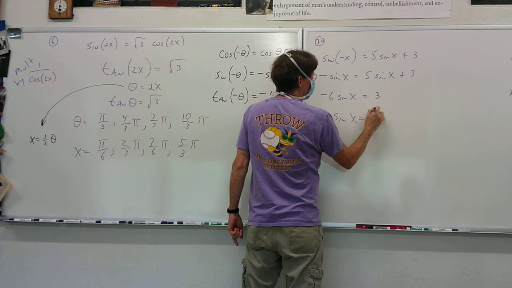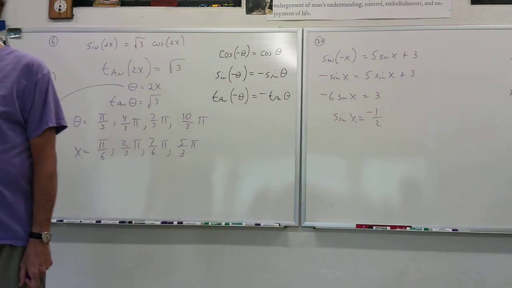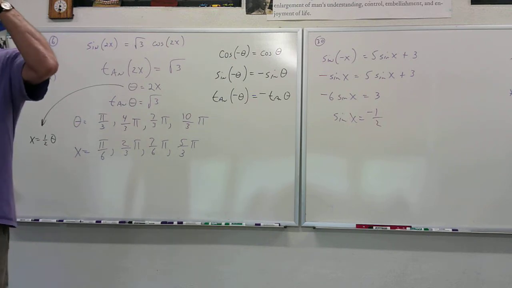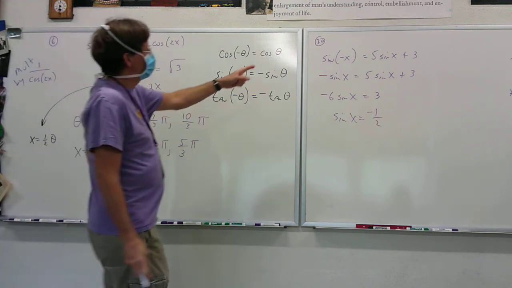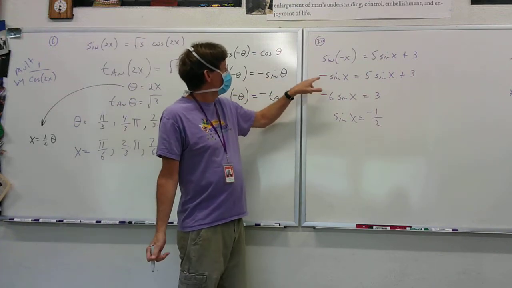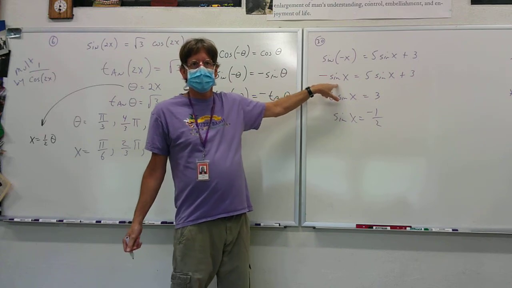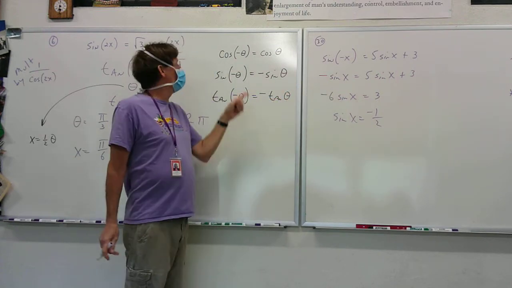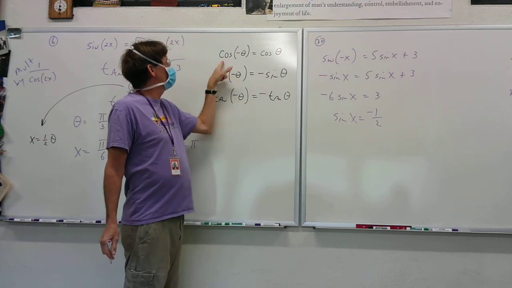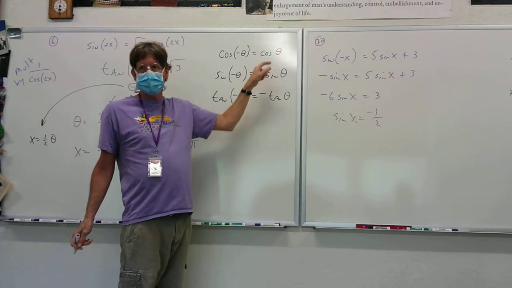Sine x equals negative 1/2, and then just start doing what? Look on your circle. Is everybody okay with that? I kind of went through that fast. I know y'all can do all that algebra, but right there is a key step. Please make sure you have these three rules written down, because you don't want to put a negative sign out front if it's cosine. If it's cosine negative theta, it equals just what? Cosine theta.